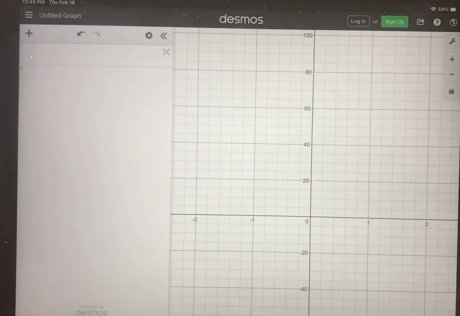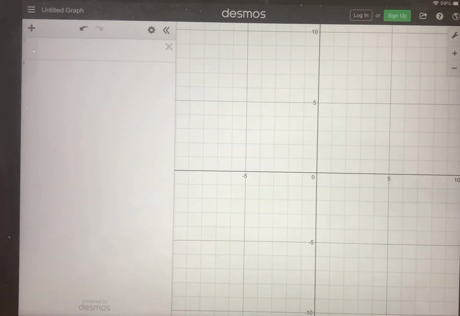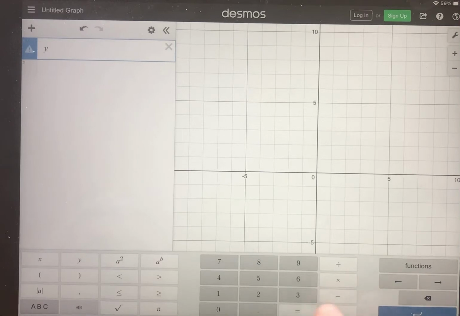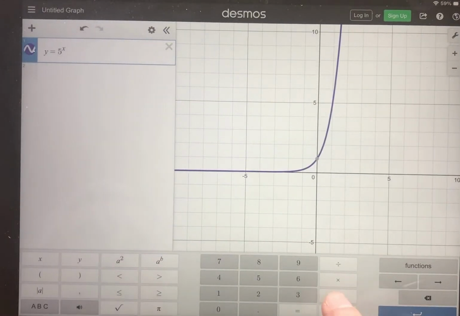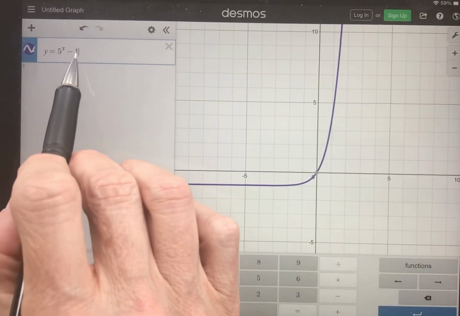I'll come into here, hopefully get that straightened out. I'm going to put the home button here. Okay, go into this one. I'll do a y is equal to 5 raised to the. Now I want to point something out here. If you say x minus 1 in the exponent, Desmos drops you down for some reason.